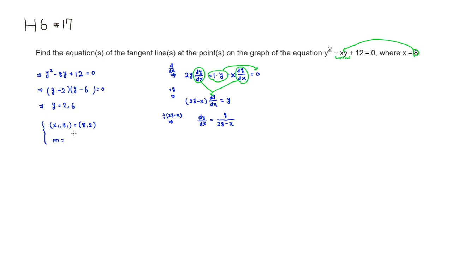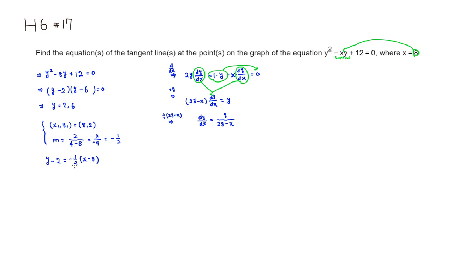So all you have to do is plug in 8 comma 2. So y is 2 over, and y is 2 again, so 2 times 2 is 4, minus x, which is 8. So this is 2 over negative 4, so that will be negative 1/2. So the equation is going to be y minus y1, which is 2, is equal to m, which is negative 1/2, times quantity x minus x1, which is 8.